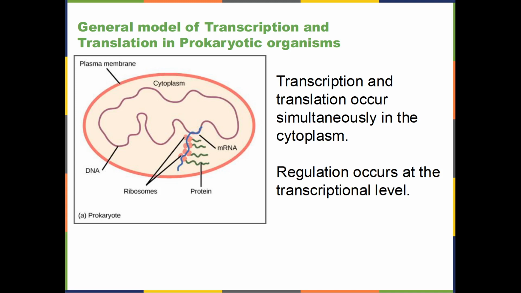They're very simple. In a prokaryote, mRNA is translated and proteins are transcribed simultaneously. There's no separation. There's no nucleus, right? We'll see what this is different when we look at eukaryotes in a little bit. So transcription and translation occur simultaneously in the cytoplasm. There's no nucleus for it to occur in. And regulation occurs at the transcriptional level.